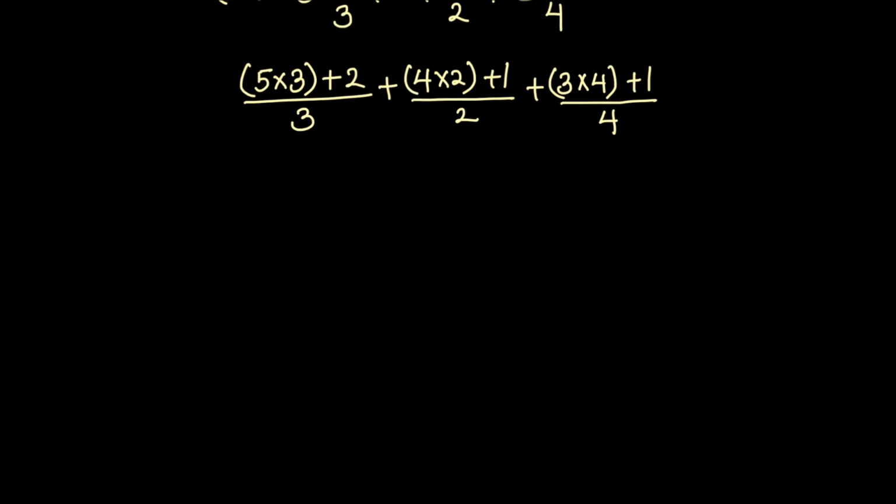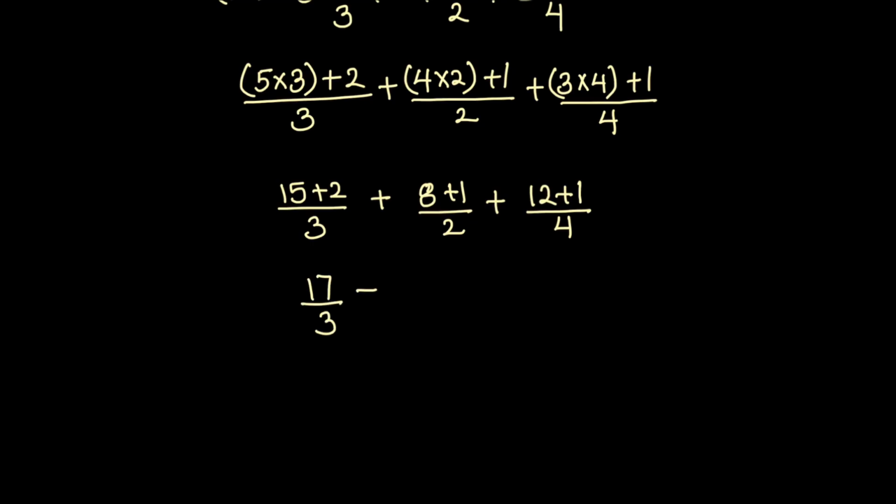Now 5 times 3 equals 15. So (15 plus 2) divided by 3, plus (4 times 2 is 8 plus 1) divided by 2, plus (3 times 4 is 12 plus 1) divided by 4. The fractions will be 17 upon 3 plus 9 upon 2 plus 13 upon 4.